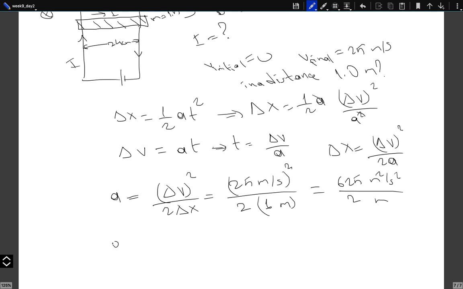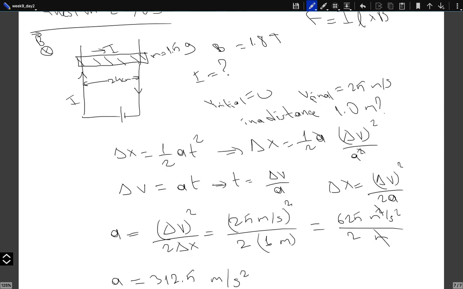So the acceleration we are looking for is 312.5 meters per second squared. So one of the meters cancels. So at least I know that the units match. So it is the correct unit for acceleration.